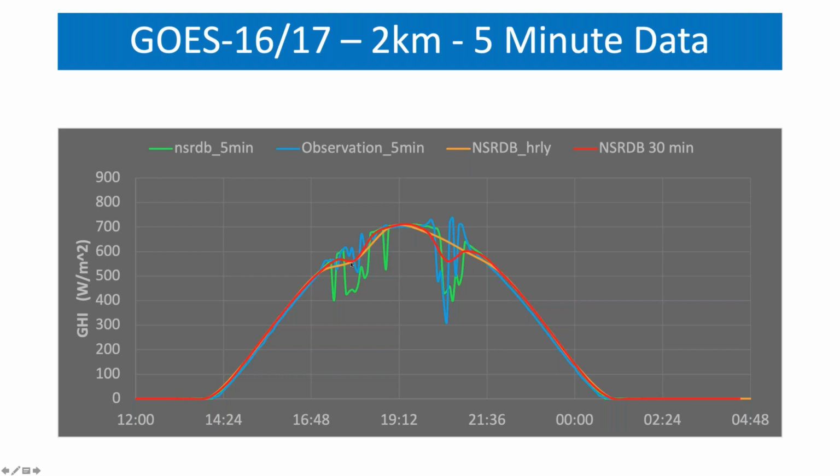It's obvious that the 5-minute data has a big advantage. It can represent the variability we actually see in ground observations. So technically, I would say that there is definitely value in using 5 minutes if your process requires representing this variability. So I would advise users to have a closer look at this.